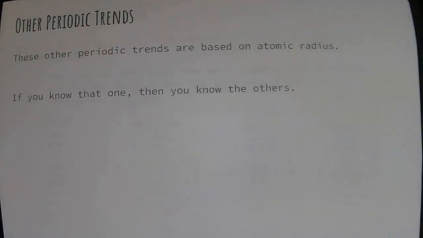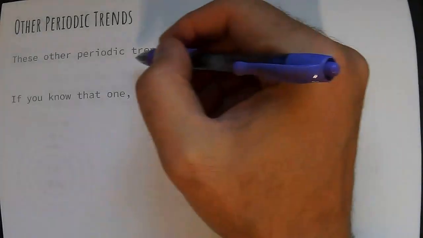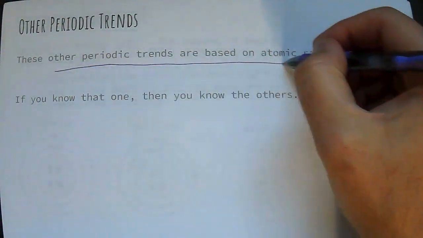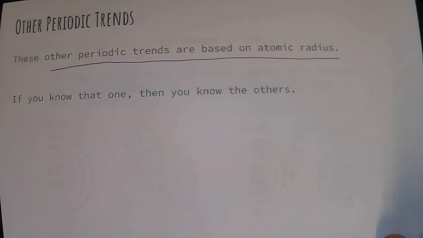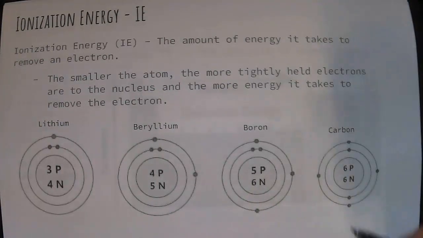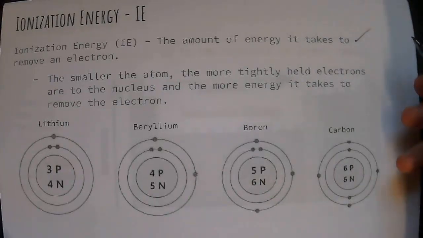So let's talk about ionization energy. Just so you know, ionization energy and electronegativity are based on atomic radius. So if you're not familiar or you don't know what's going on, go back to the atomic radius video, watch it, and we can go from there. Like I said, we already wrote down the definition, so you don't need that.